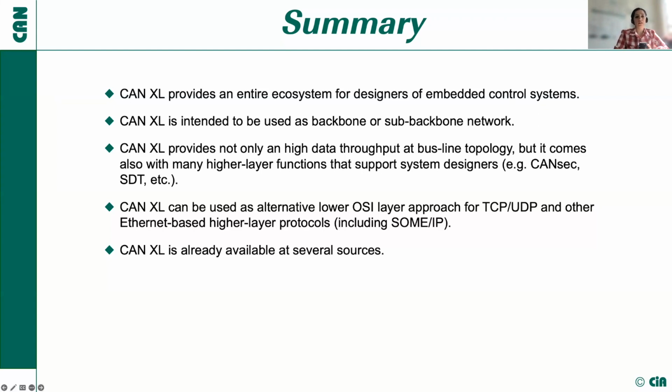CAN XL can also be used as an alternative lower OSI layer approach for Ethernet-based higher layer protocols. And CAN XL is already available from several sources, as I have mentioned in the last slides.